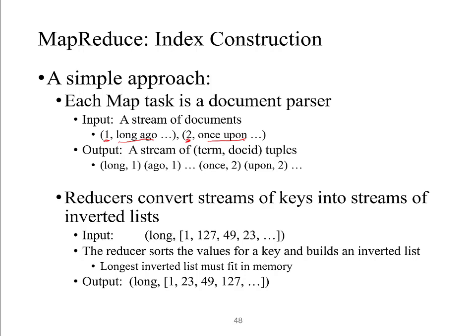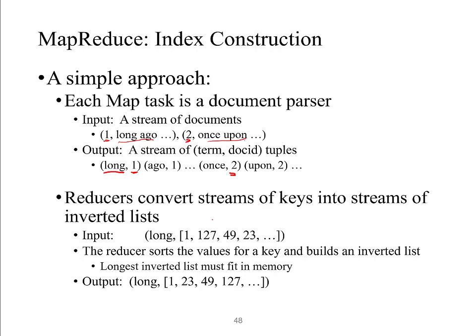In order to do that, we just split or parse the document, and for each term we use it as the key, and we use the document ID, for example 1 and 2 and so on, as the value. This is the output of the mapper. We probably do some combining within the mapping, and then the reducer converts streams of keys into streams of inverted lists.